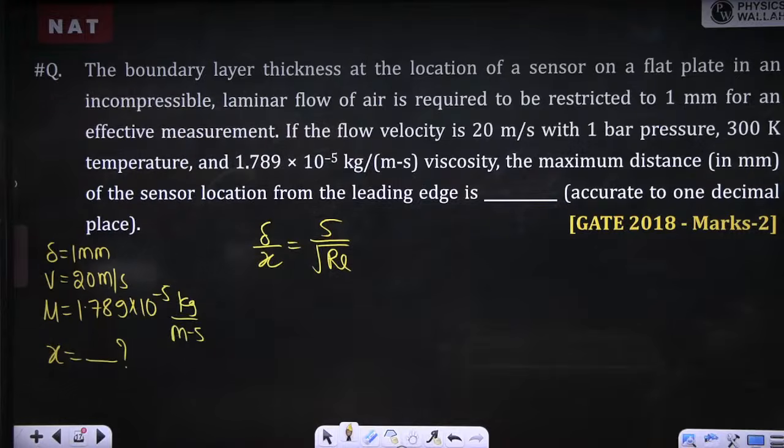So if it is not given, we can consider 5, no problem. Solve fast.